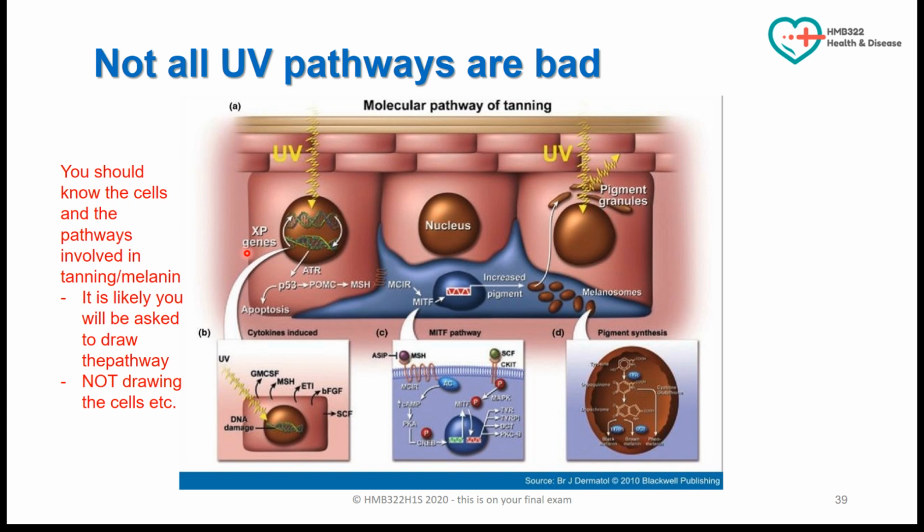I'll go through that with you. Just to give you a little bit of advance warning, this is an important slide that I'm going to go through in great detail in the last lecture. Dr. Sidaway will also bring this up in his lecture as well. And this gets into the production of melanin, the release of melanin, and all of the different pathways and the receptors that are involved.